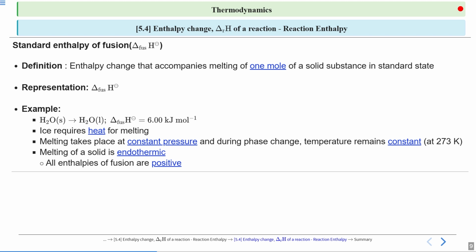So we can write that all enthalpies of fusion are positive, making sure that you are keeping the pressure constant. This is very, very important. And this temperature, which is 273 Kelvin for the melting of water, will change for different solids accordingly. That is the reason we do not specify the temperature for the standard condition.